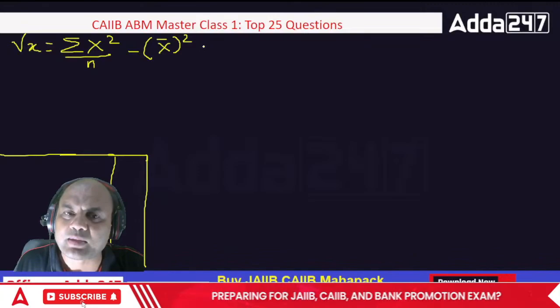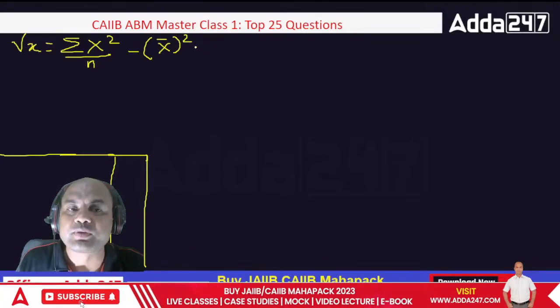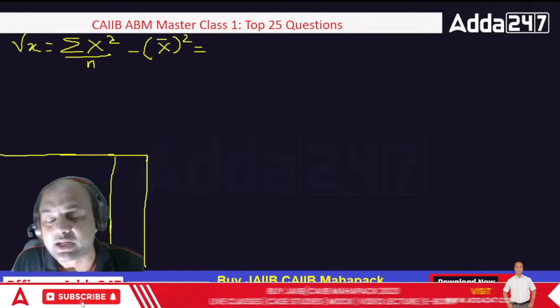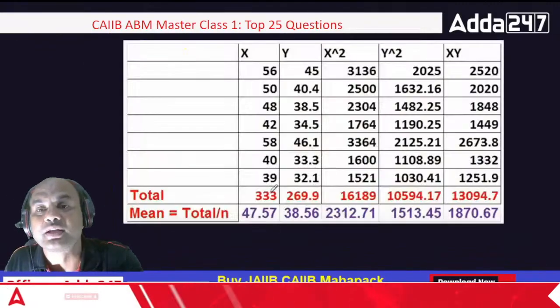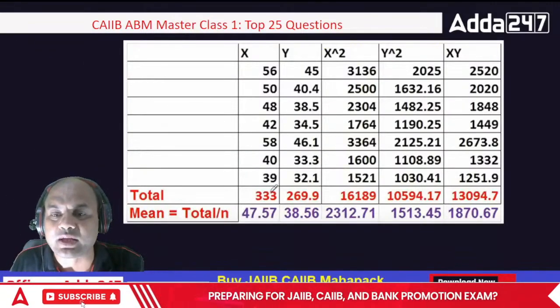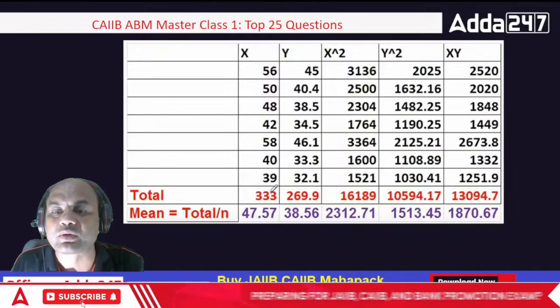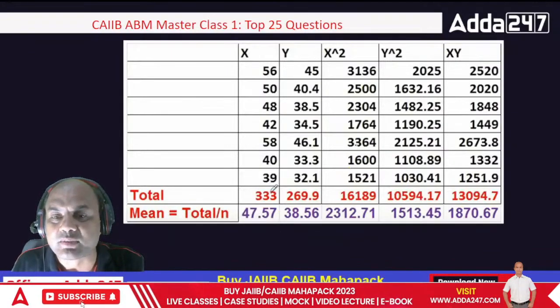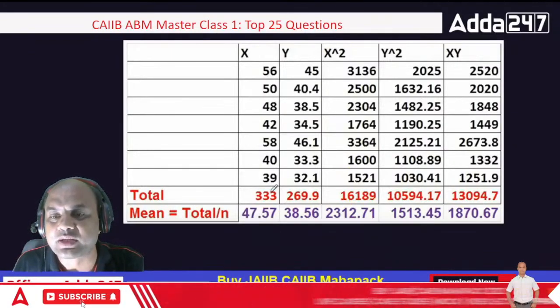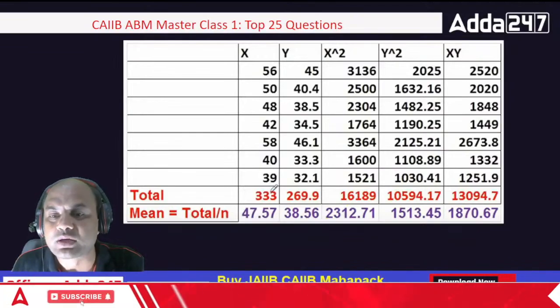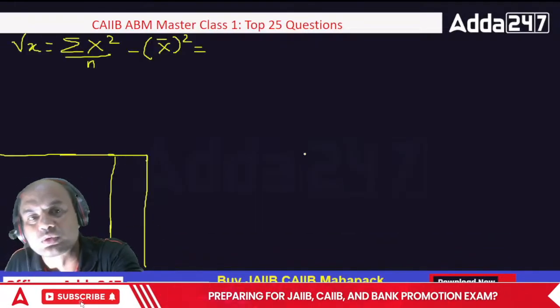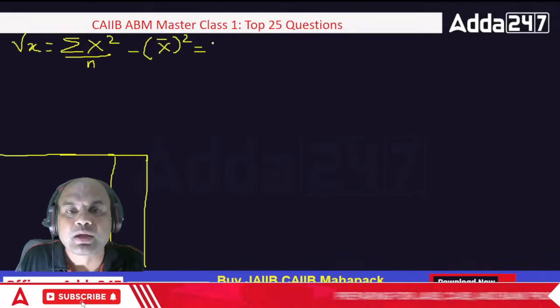So Vx equals summation x square upon n minus x bar square. All these figures I am having now. Summation x square upon n. That's why I said the table is very important. I am already having this 2312. Summation x square is 16189 upon n. So 2312.71.